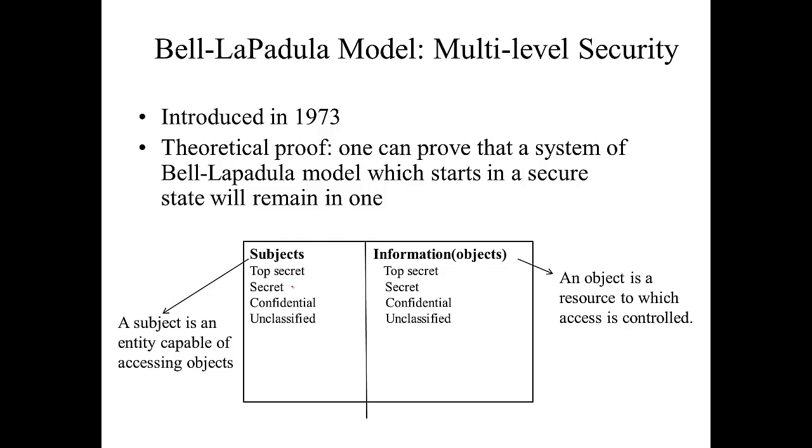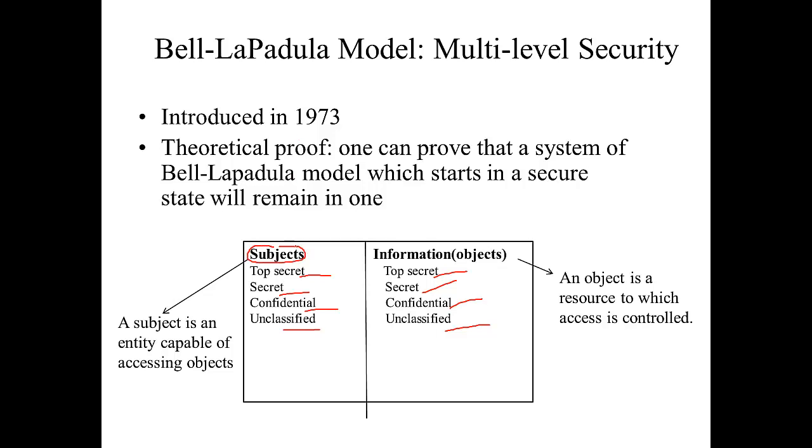For example, the user can be classified as top secret level, secret level, confidential level, and unclassified level. For the information, we can also classify top secret, secret, confidential, and unclassified level. But in this model, we use the term subjects.